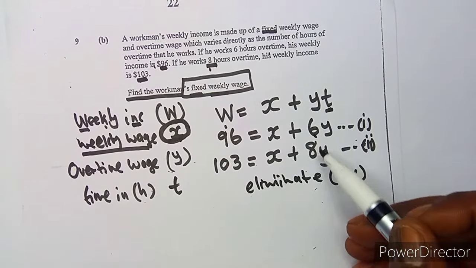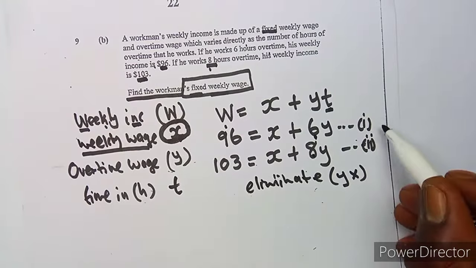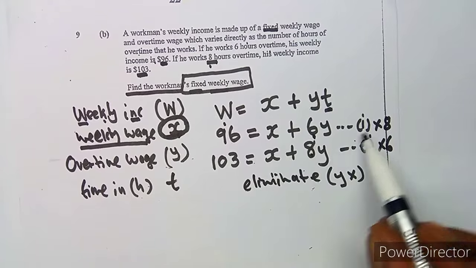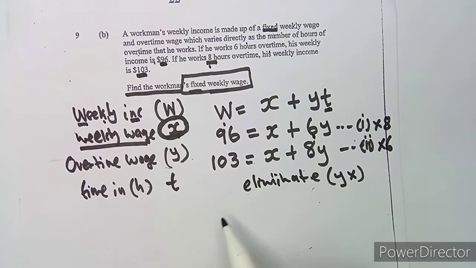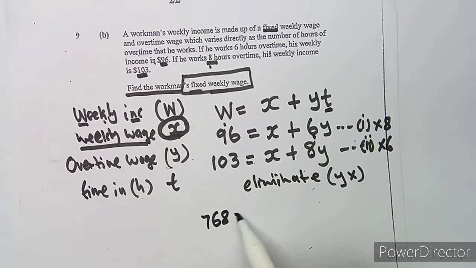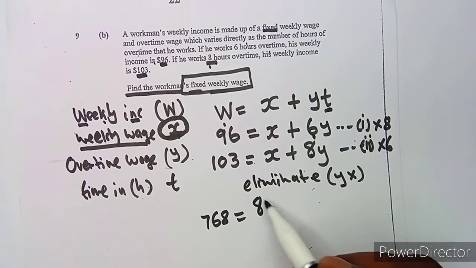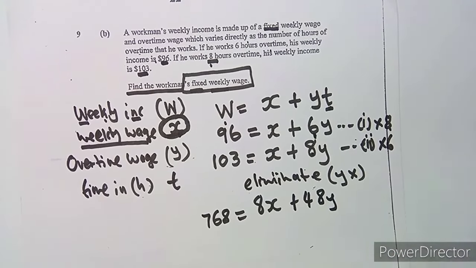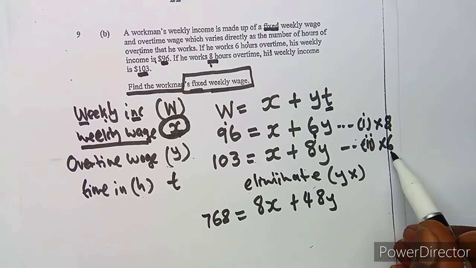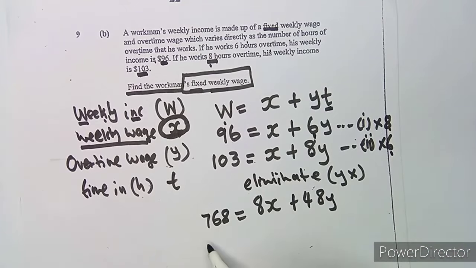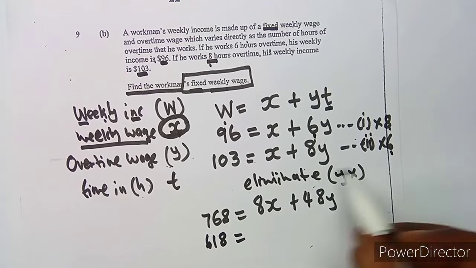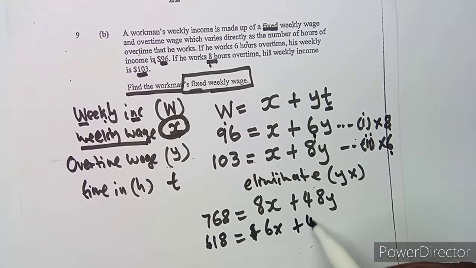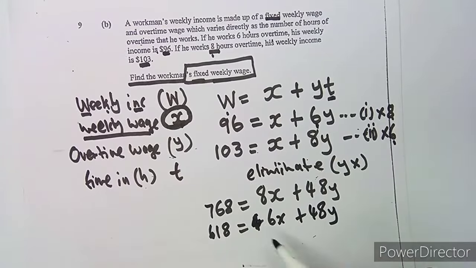Interchange these, because this is 8Y and this is 6Y. So I'm going to multiply the top equation by 8 and the bottom by 6. By 8, everything changes: 96 times 8, which is 768, is equal to 8X plus 8 times 6, which is 48Y. The second equation by 6: 6 times 103 is 618, 6X, and 48Y.